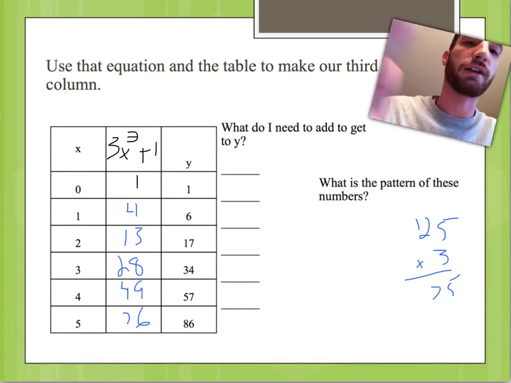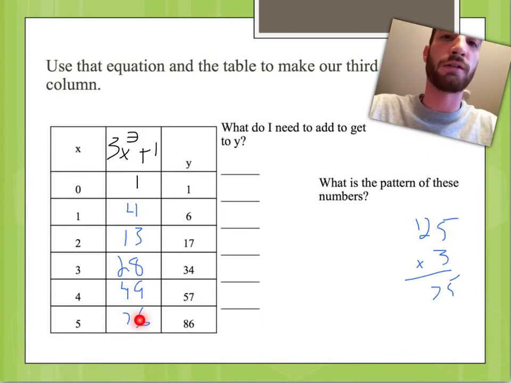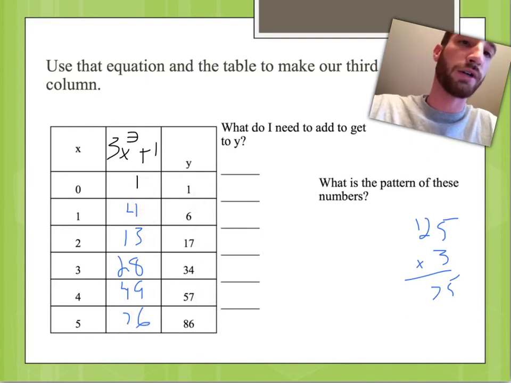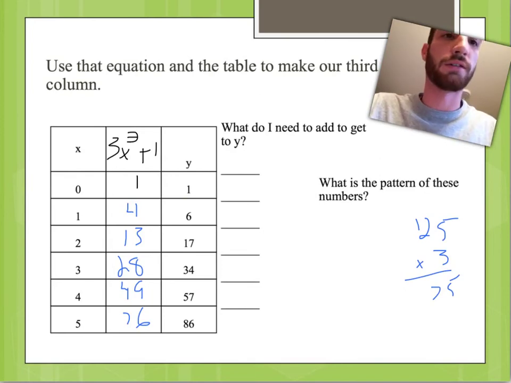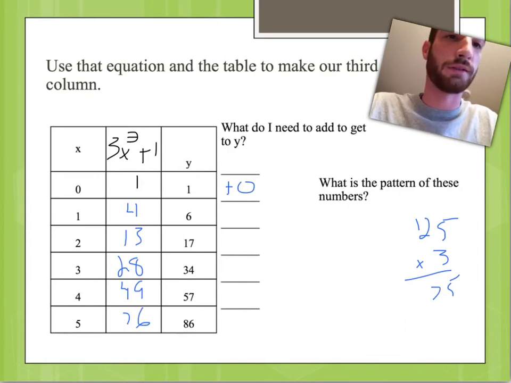Alright, so now I want to look, how can I get from my middle column to here? So what do I do to go from 1 to 1? Well, I don't do anything, so that stays at a plus 0. How do I go from 4 to 6? Add 2.